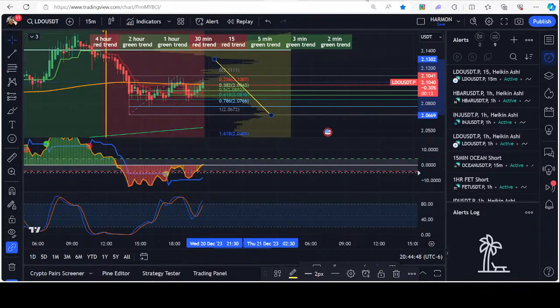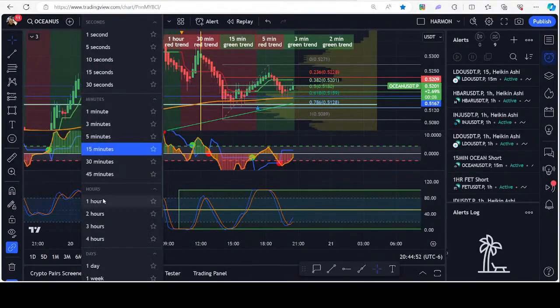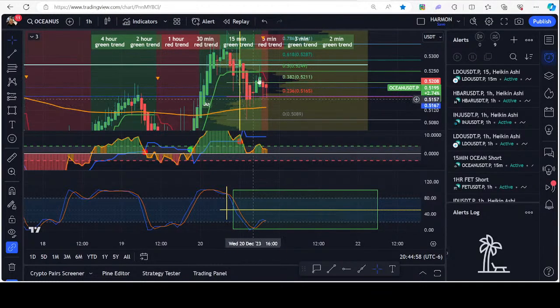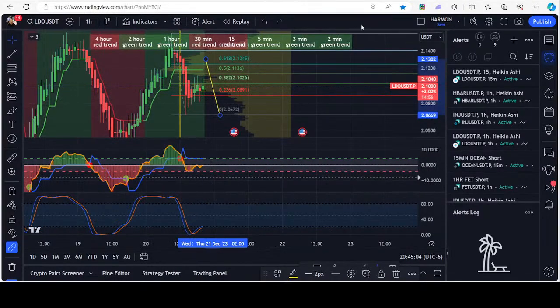So let's look at Ocean. Ocean is a little bit different: on Ocean we're working with our 1 hour. We have the 1 hour moon, but we popped the trend. So we had our pullback. Let's look at LDO. LDO is going through the same scenario: 1 hour moon came in, there's a pullback, but we didn't get a trend, which lets us know it's got a little more volume than Ocean.